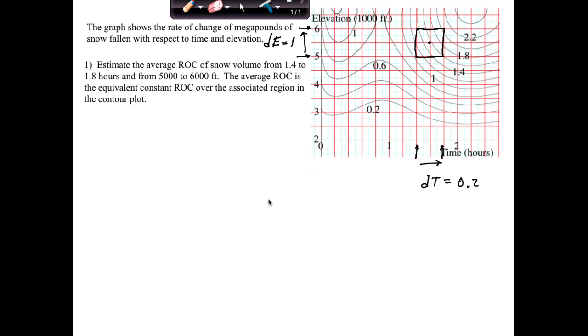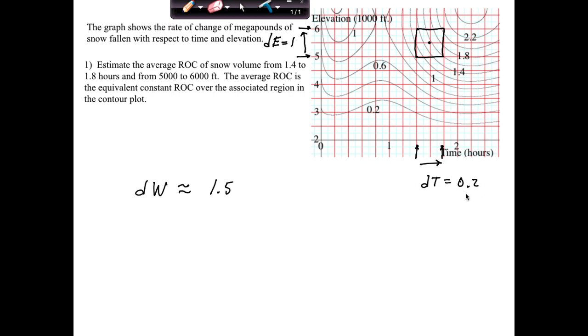And so then the estimated amount of snow fallen would be about what? In that time interval and that elevation change. Nick, what would you say? It'd be 1.5 times 0.2.